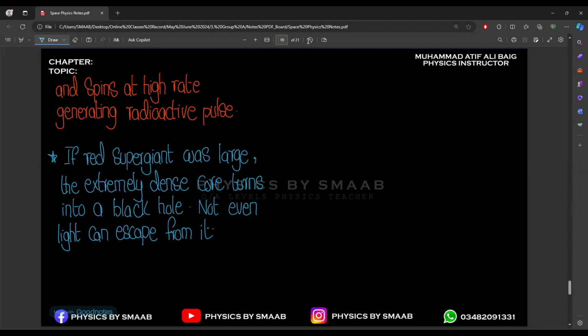And how these different stages take place, we observe all the things in different scenarios, how the formation and the death of the star takes place, and this is the concept related to the stars.